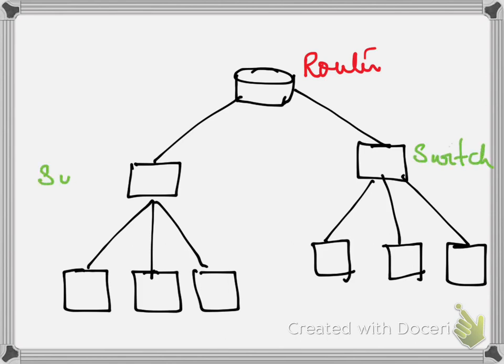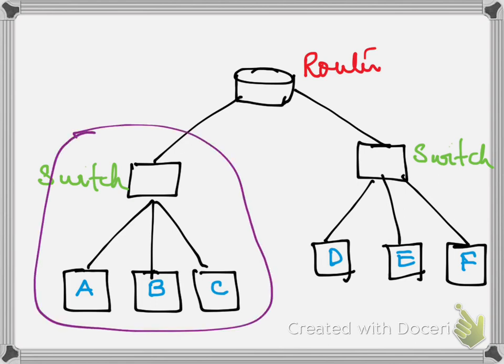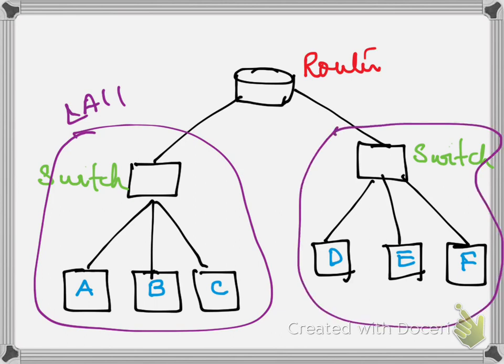This is also a switch. And the ones here are the end devices. So this is computer A, computer B, and computer C, and this is another set of computers D, E, and F. So this is LAN 1, and this is another LAN, LAN 2, and both of these are connected by the router here.